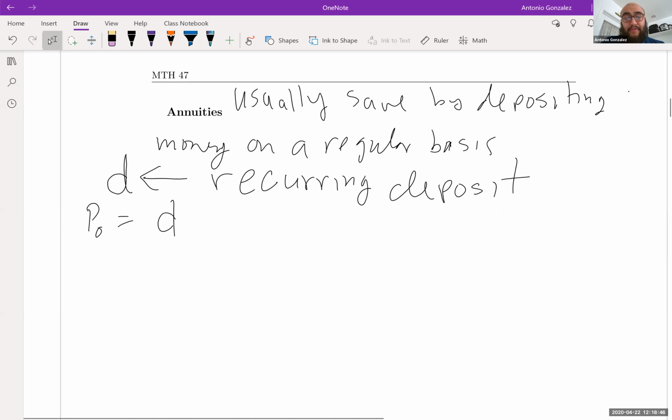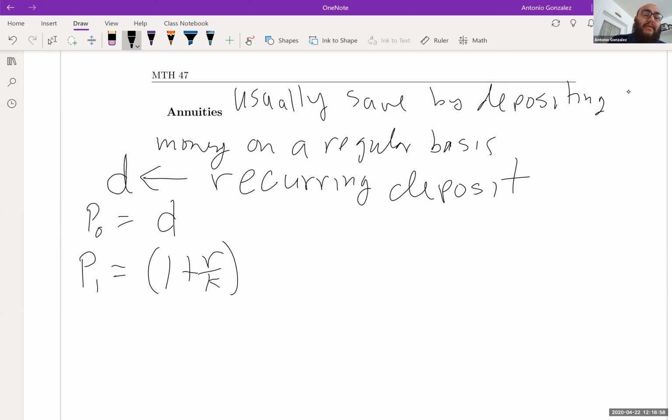Okay, so from here, how much would I have after one compounding period? Well, it'll still be this quantity times the deposit. Or actually, excuse me, I should put the previous month. But I have to go a step further.